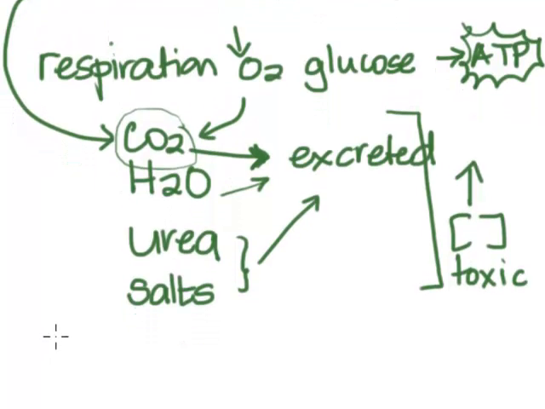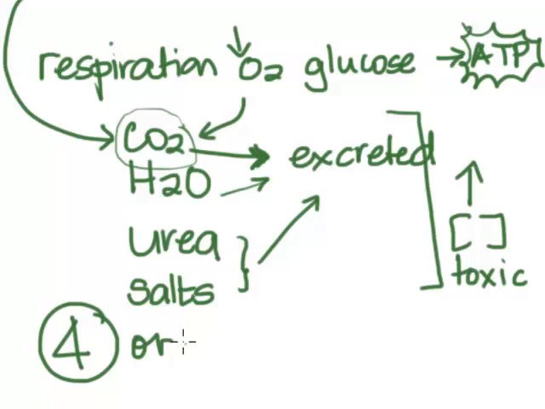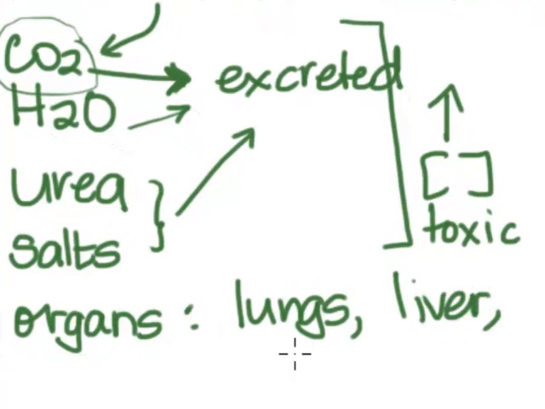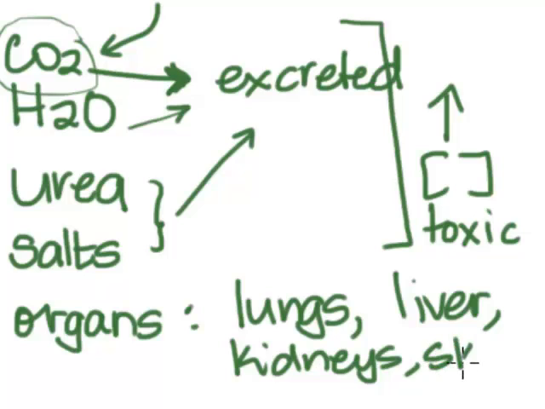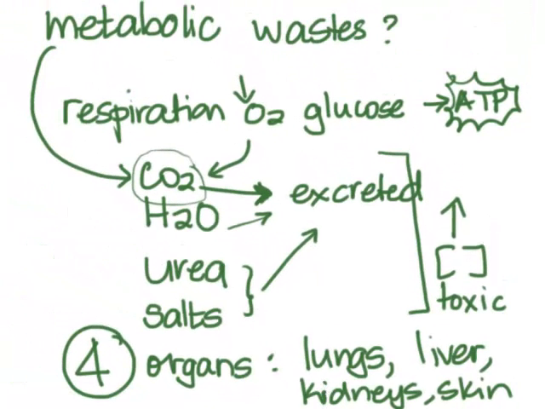We find that there are 4 main organs of the body that are associated with excretion of metabolic wastes, and these are the lungs, the liver, the kidneys, and the skin. And we're going to spend some time looking at each of these organs and how they are involved with excretion.